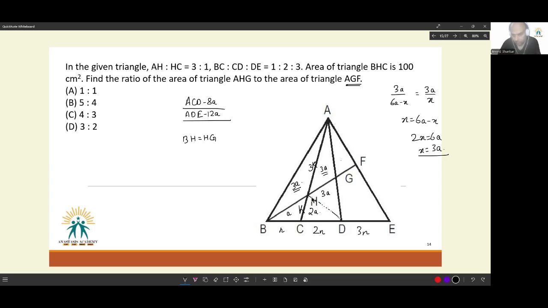Look at this here. Let me use a dotted line because it would be nicer. Area for DHE will be 3A.